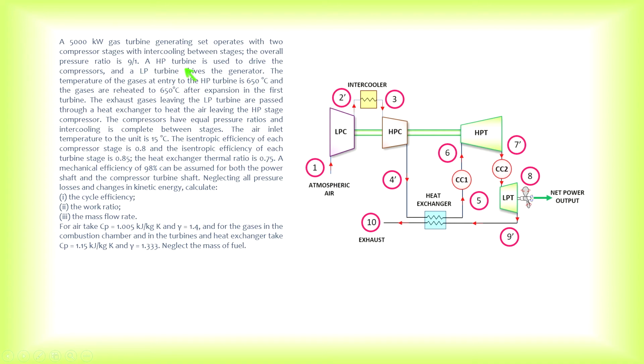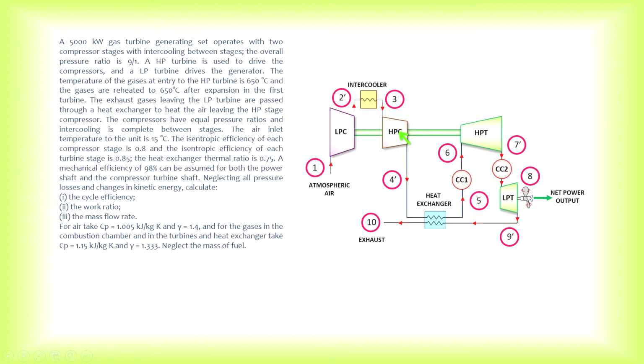Now, a high pressure turbine is used to drive the compressors. That is what I have drawn here: the high pressure turbine driving two compressors. So whatever work output you have here would be equal to the sum of the work input of the two compressors.